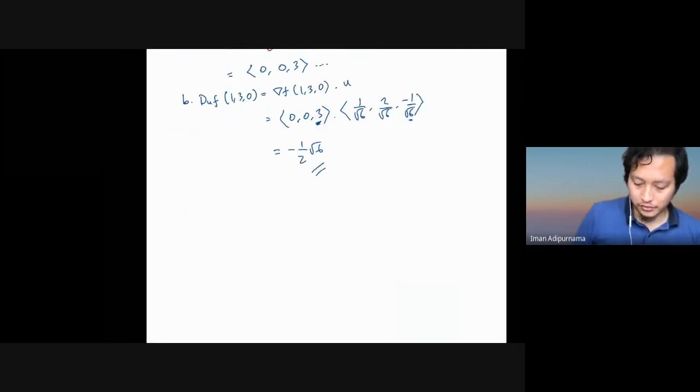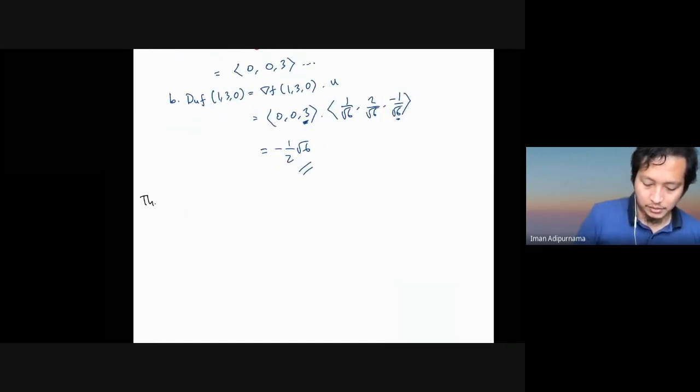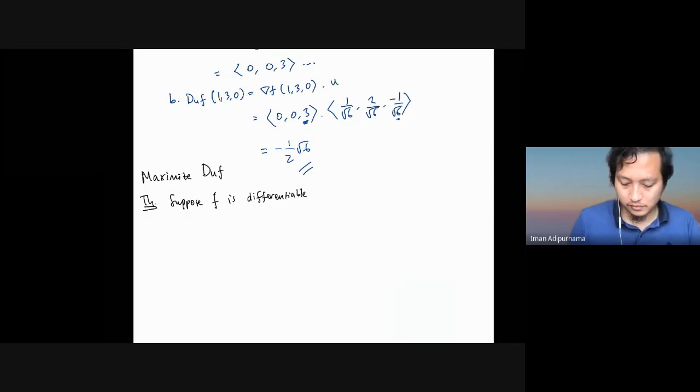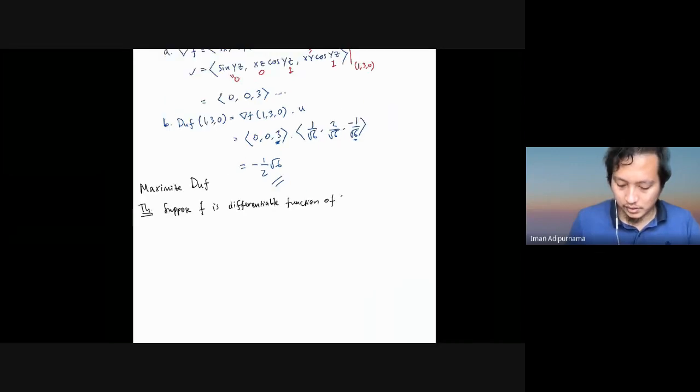Okay. Now another theorem about how to maximize the directional derivative. There's a theorem, and I think the theorem is not too complicated. Suppose you have a function that is differentiable, let's say of 2 or 3 variables.